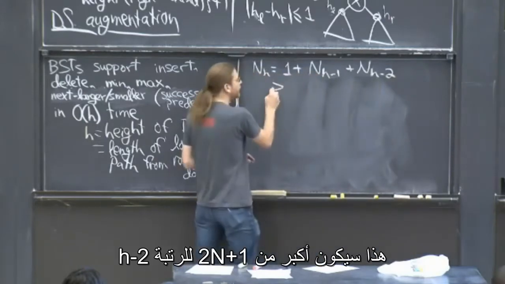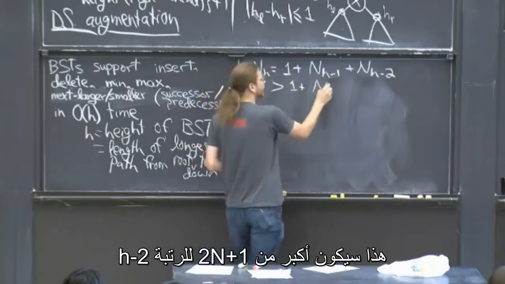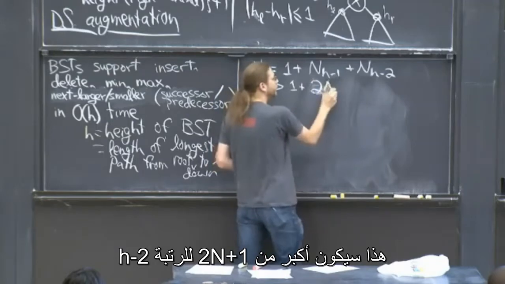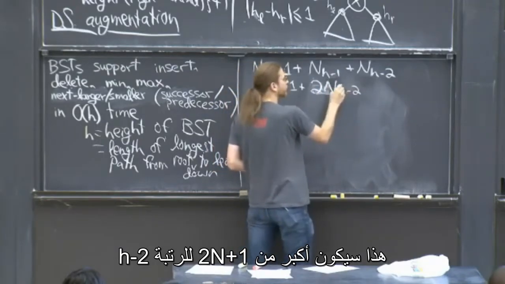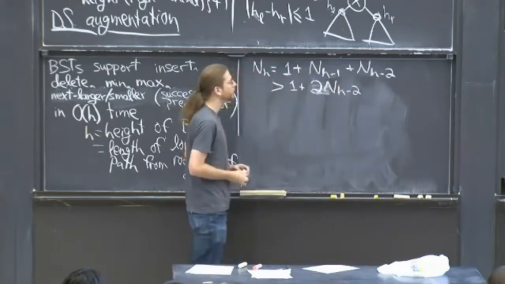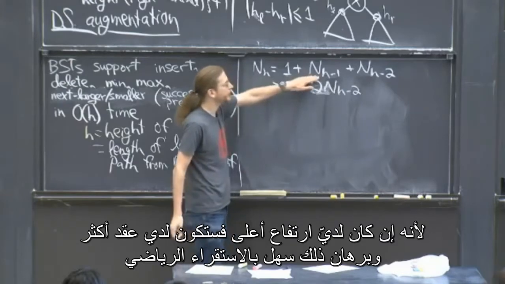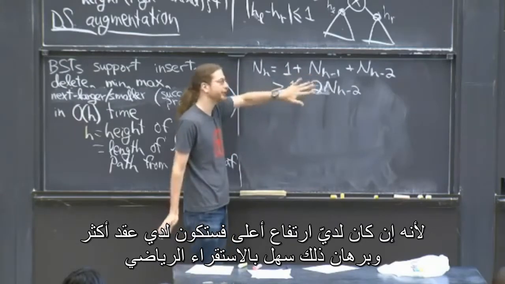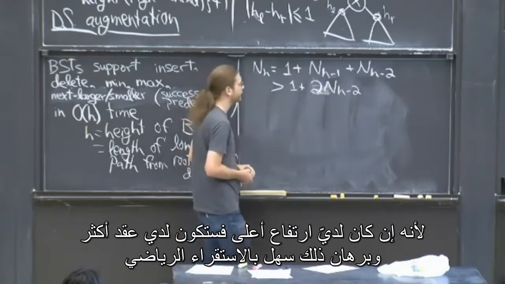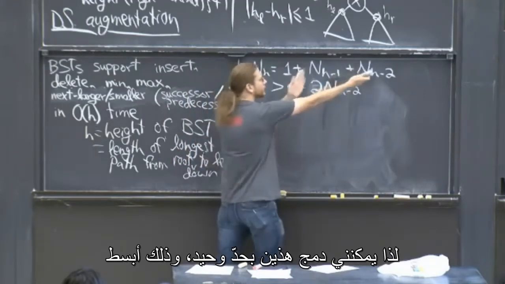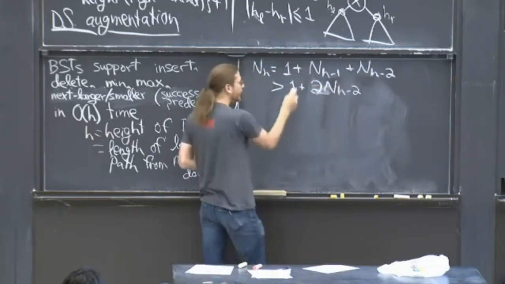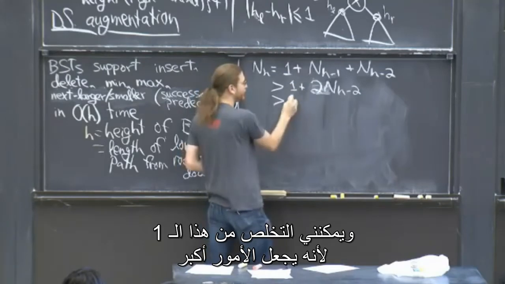So this is going to be greater than 1 plus n sub h minus 2 times 2, because if I have a larger height, I'm going to have more nodes. That's an easy proof by induction. So I can combine these into one term. It's simpler. I can get rid of this 1 because that only makes things bigger.